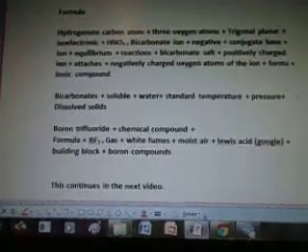Bicarbonates plus soluble plus water plus standard temperature plus pressure plus dissolved solids. Plus boron trifluoride plus chemical compound plus formula plus BF3 plus gas plus white fumes plus moist air plus Lewis acid, which I'm going to Google to see what it is, plus building block plus boron compounds.